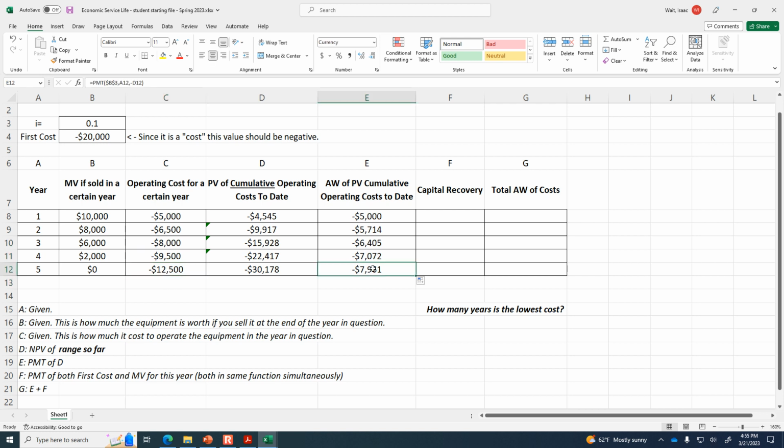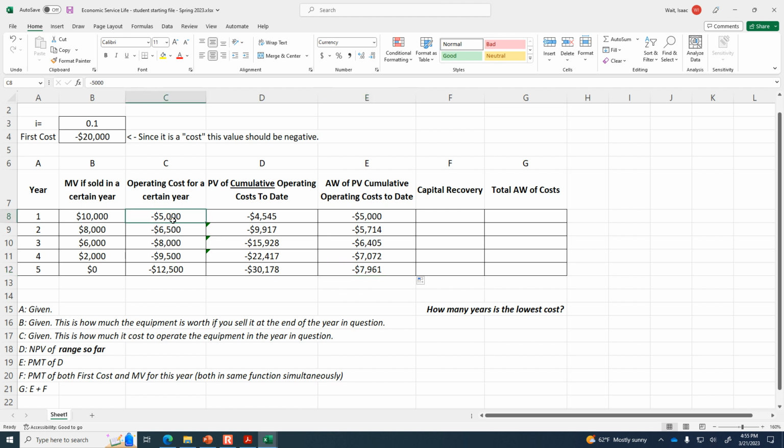So this is economically equivalent to paying $5,000 in year 1, $6,500 in year 2, $8,000 in year 3. Instead of doing that where the amount is just constantly changing, this would say you always pay $7,961 every year and you'll have enough to cover the operating expenses.